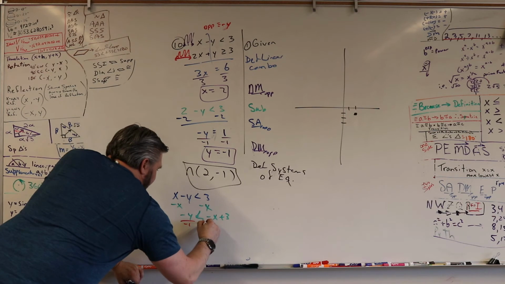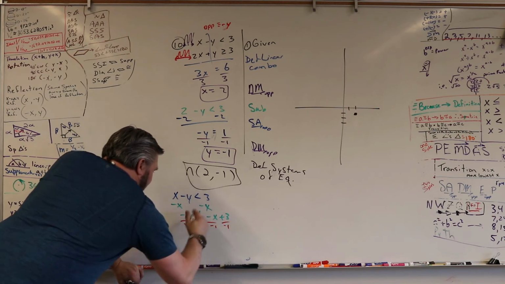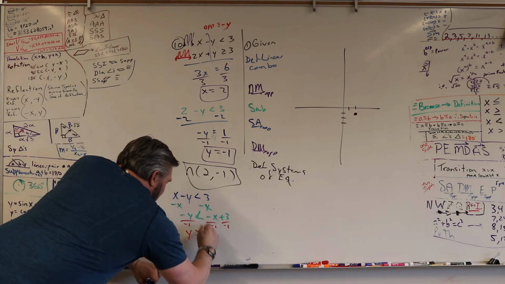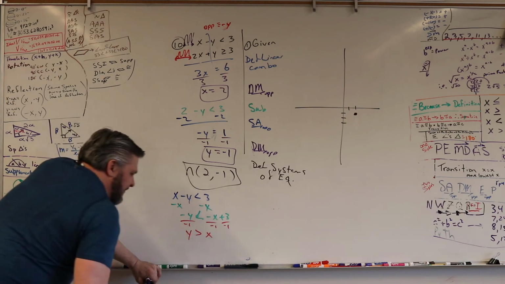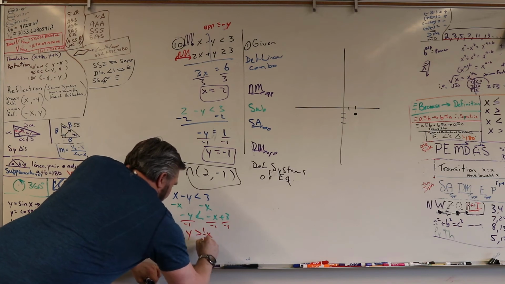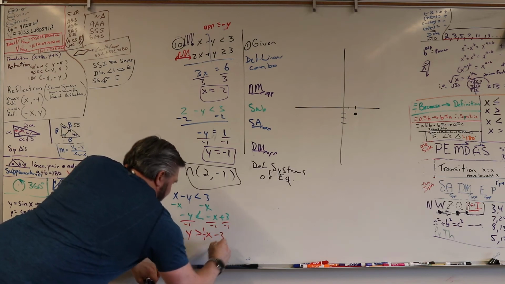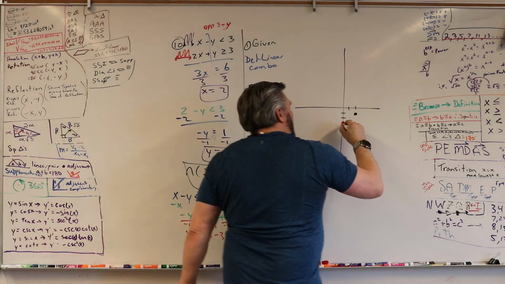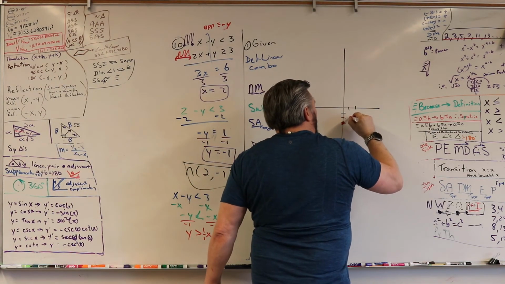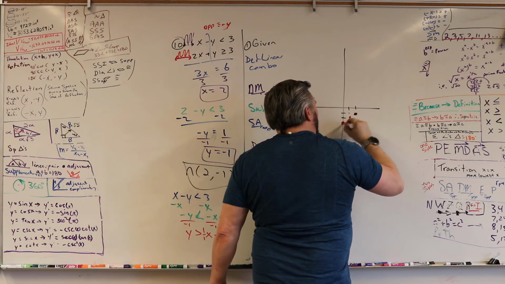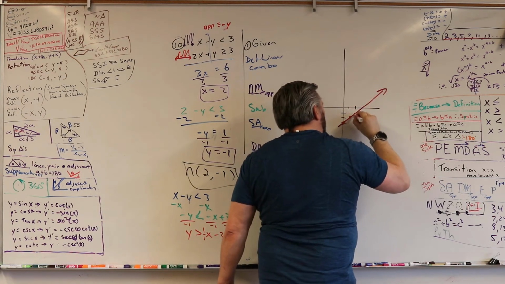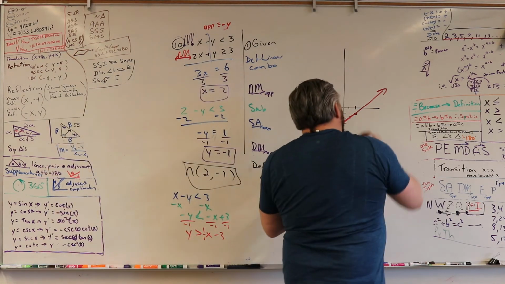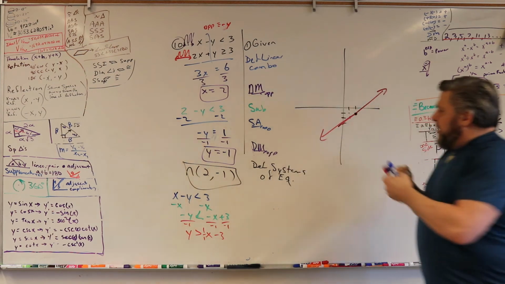Divide by negative 1, divide by negative 1, divide by negative 1. So Y is greater than, because we changed the signs, a negative and a negative make a positive. So it's 1 over 1 and minus 3. So at minus 3, I'm going to go up 1, over 1. Up 1, over 1. And we can see it does cross that point. So that's a good thing.